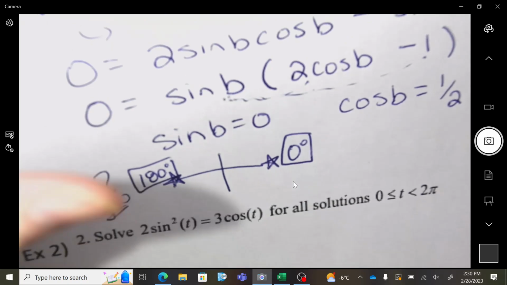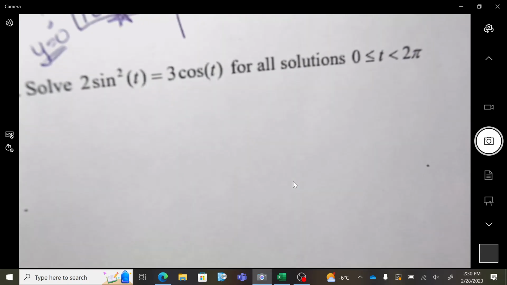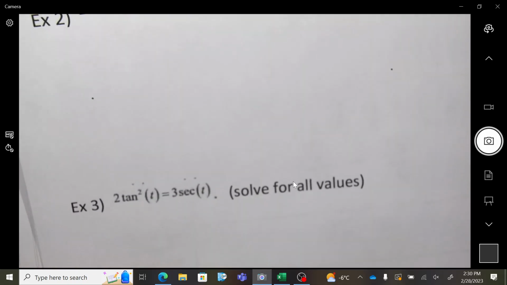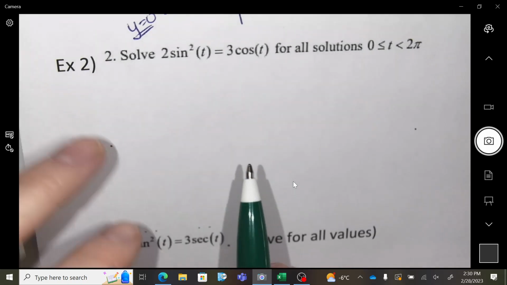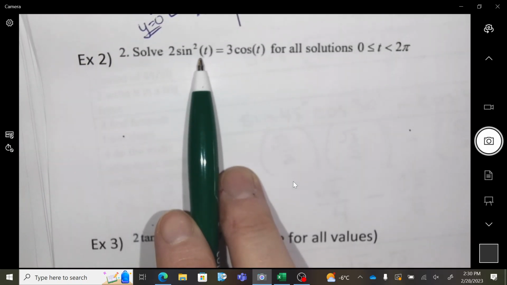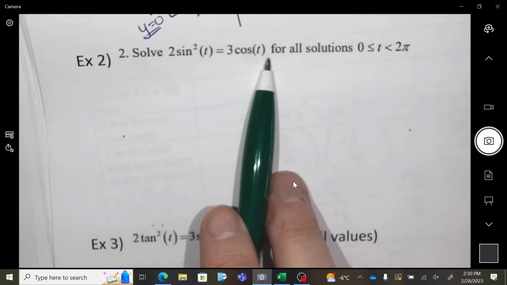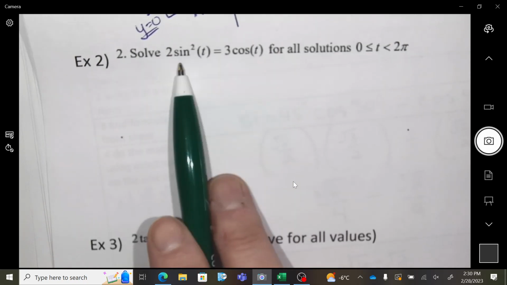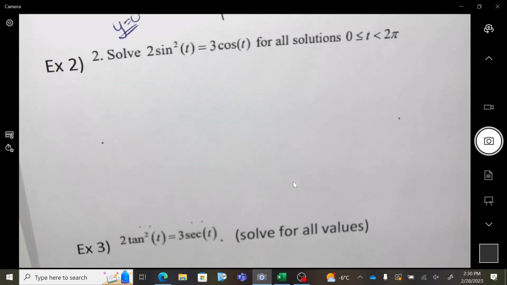Okay, number 2. Which of these do we have a replacement for? Can you replace sine squared with something or cos with something? Do you have anything on your formula sheet that you can replace? Because there's no way I can solve an equation that has sine squareds and coses all mixing together.